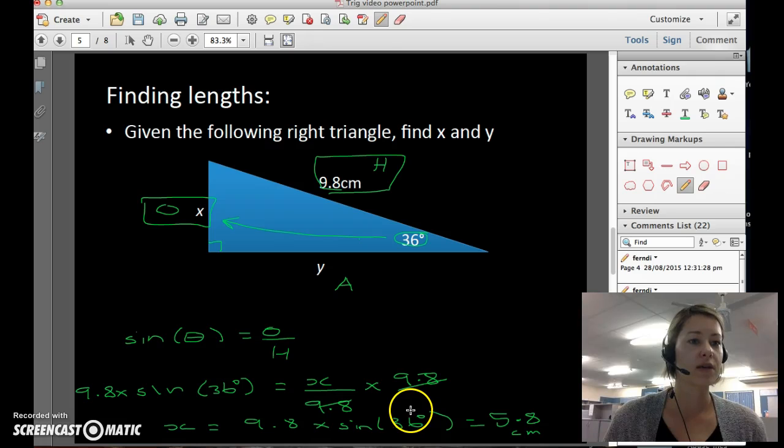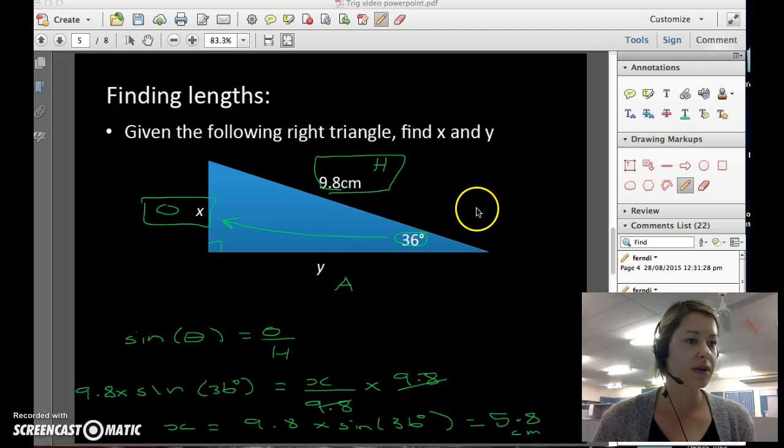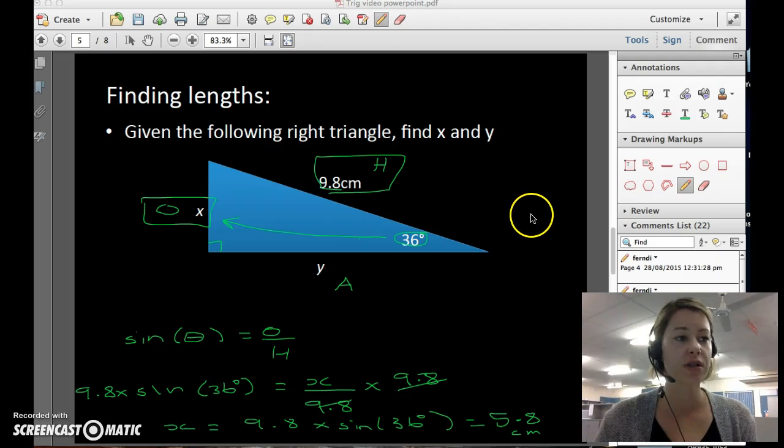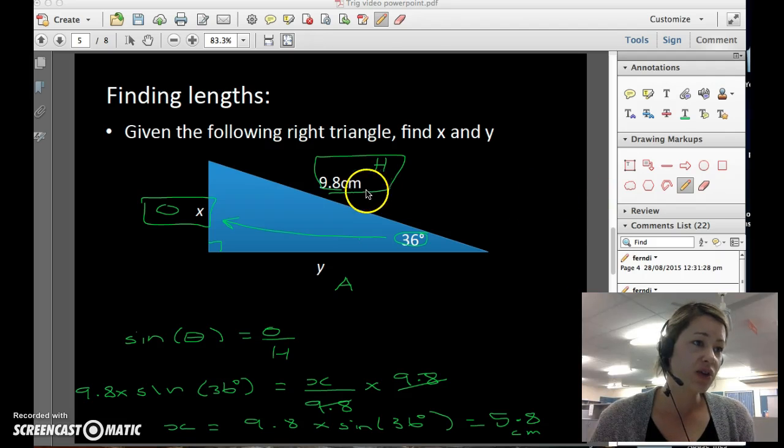All right, so now I need to find a length for y. Now that we've found the value of x, we can find the value of y. In fact, we didn't need to find the value of x first, but now we could use the value of x and Pythagoras to find y.